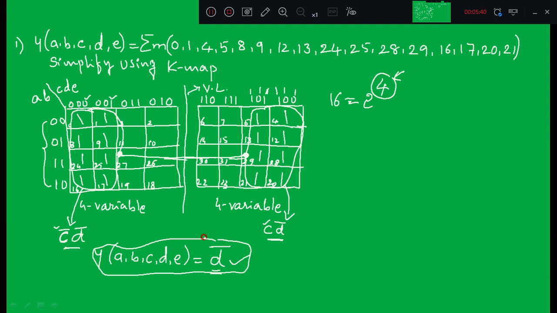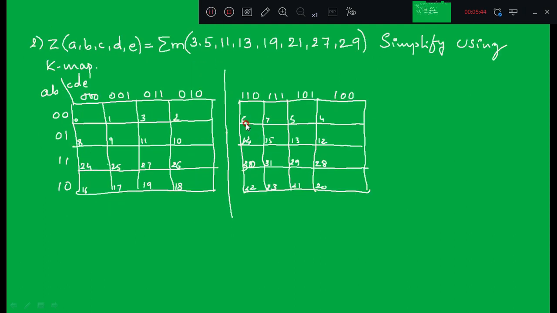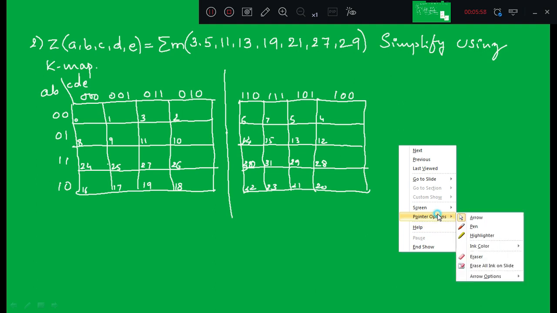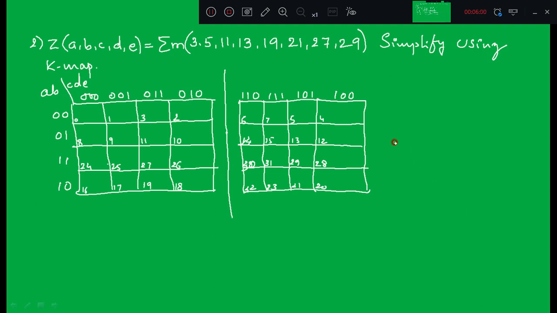Let us jump to the next example. The next example is capital Z of A, B, C, D, E equals summation m of 3, 5, 11, 13, 19, 21, 27 and 29. Again you have to reduce this function using a 5 variable K-map.